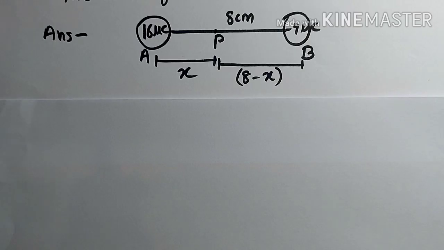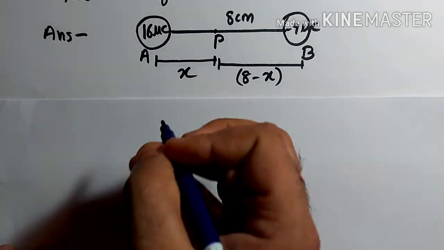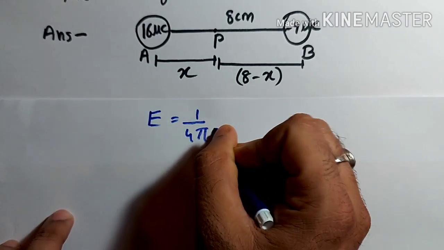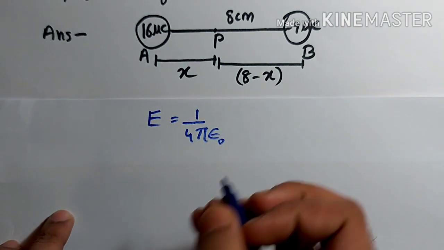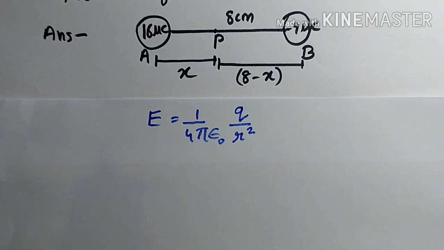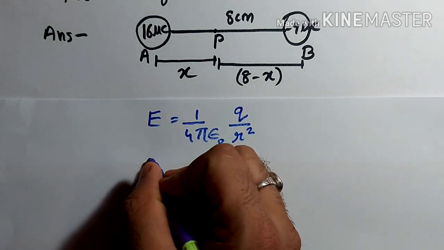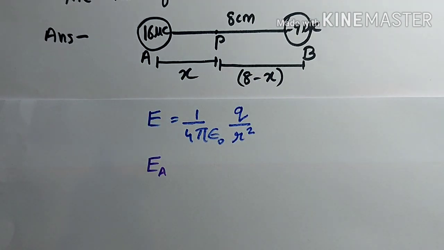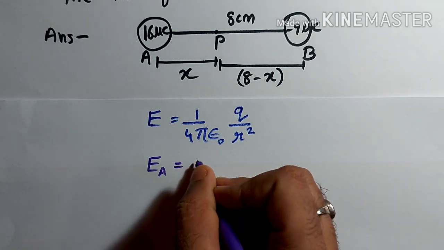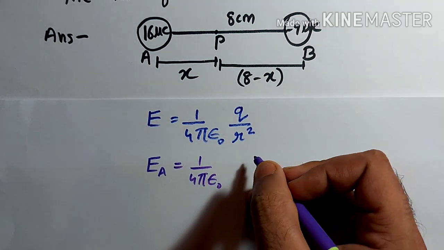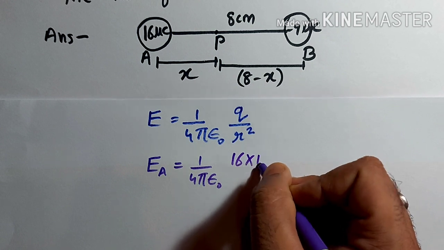Now, from the formula of electric field, we know that electric field E is equal to 1 by 4 pi epsilon naught Q by R square. Using this formula, we can write electric field due to charge at point A as 1 by 4 pi epsilon naught, Q is 16 into 10 to the power minus 6.